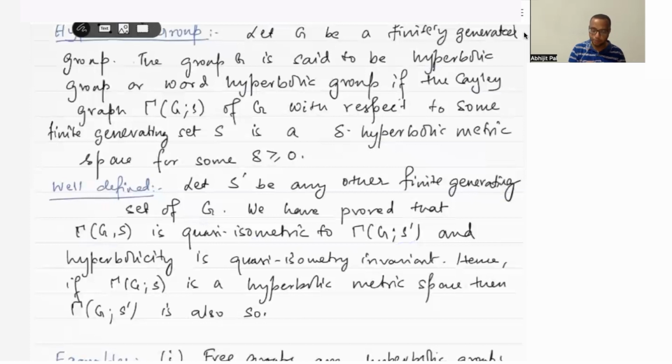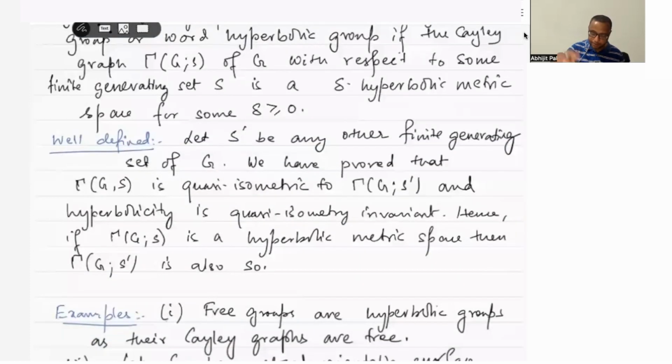And in the last lecture, we proved that hyperbolicity is a quasi-isometric invariant. Hence, if the Cayley graph Gamma(G, S) is a hyperbolic metric space, then the graph Gamma(G, S prime) is also a hyperbolic metric space. Therefore, this definition is well defined, in the sense that if I change the finite generating set, then the Cayley graphs for all those finite generating sets will be hyperbolic metric spaces.